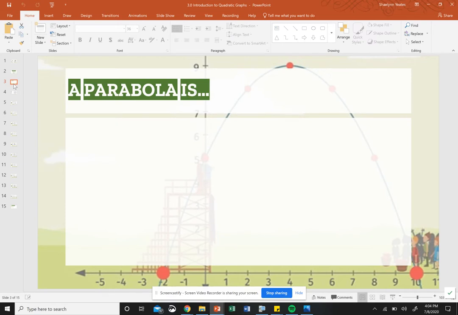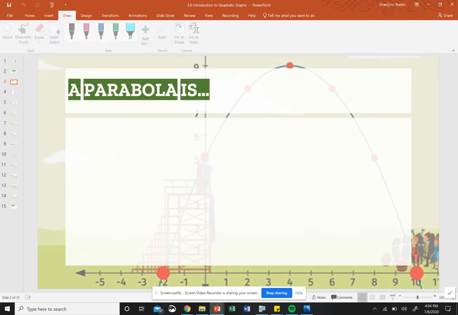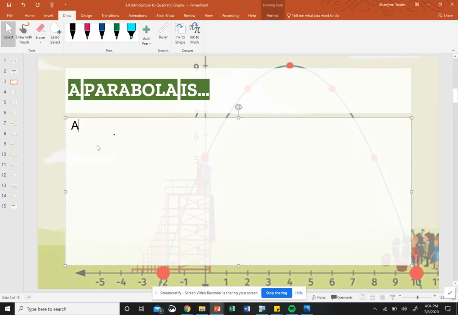So a parabola is a U-shaped graph of a quadratic.